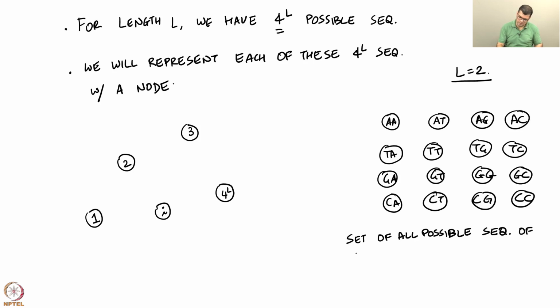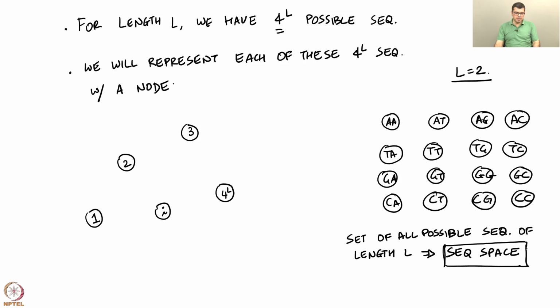This set of all possible sequences of length L is called sequence space associated with this length. So, a sequence space of L equal to 2 consists of 16 nodes, whereas sequence space associated with a length of DNA equal to L consists of 4 to the power L nodes.